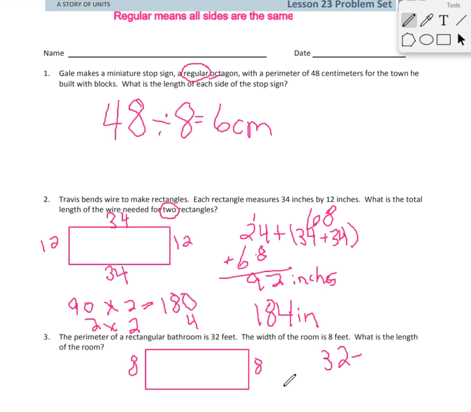Now, I can do 32 minus 8 and then minus 8 again, or I can just do 32 minus 16. I can combine these 2 sides, and I can take them away from my total. And 32 minus 16, that's a doubles fact. That is 16. And now I have 2 sides that are remaining.